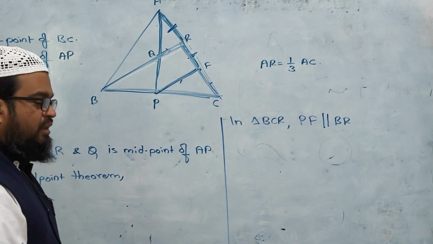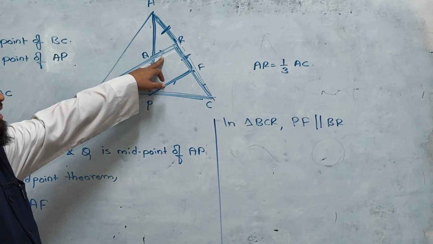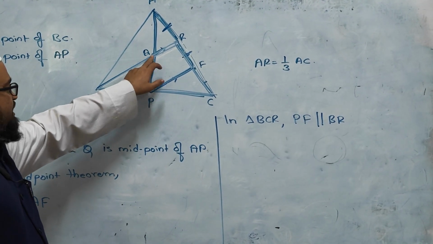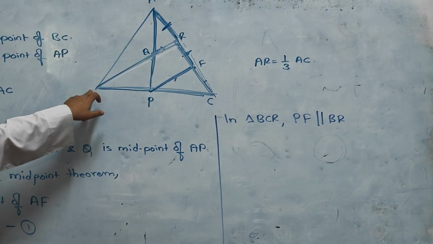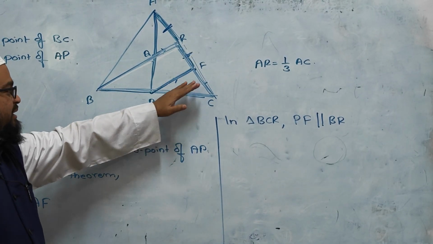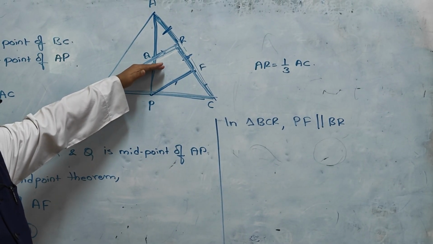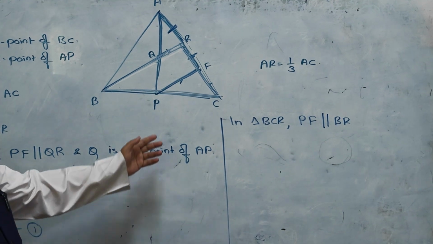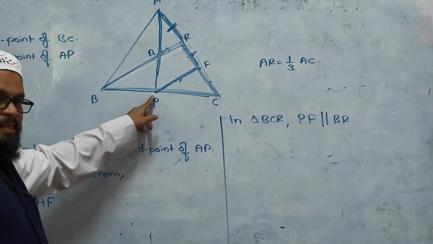Is it right or wrong? Yes. We have constructed PF parallel to QR. But when we extend QR, will it become BR? Yes. So that means PF is parallel to BR. Is it right?